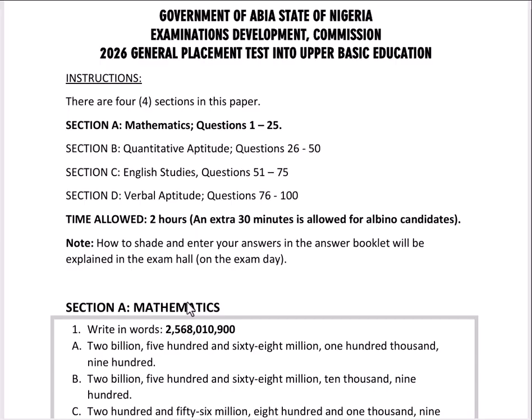So let's start. Question 1. Let's have 2, 5, 6, 8, and then 0, 1, 0, and 9, 0, 0. So you know this is units, this is tens, this is hundreds.